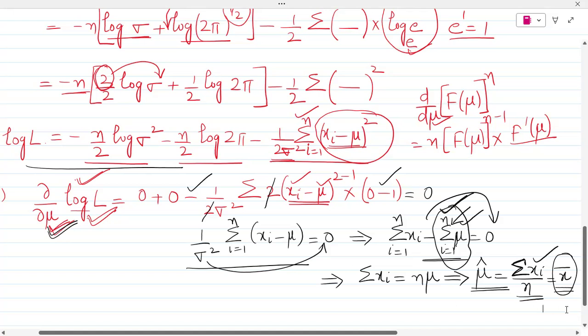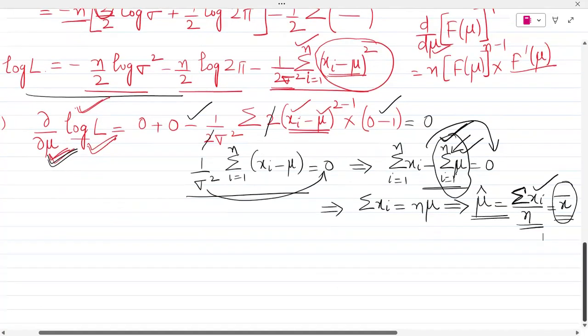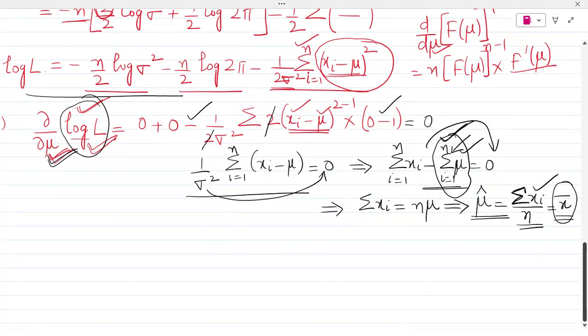So for that, what do we have to do now? We have to find the value of the second derivative. The second derivative must be negative at this value, that is, mu equal to x bar.